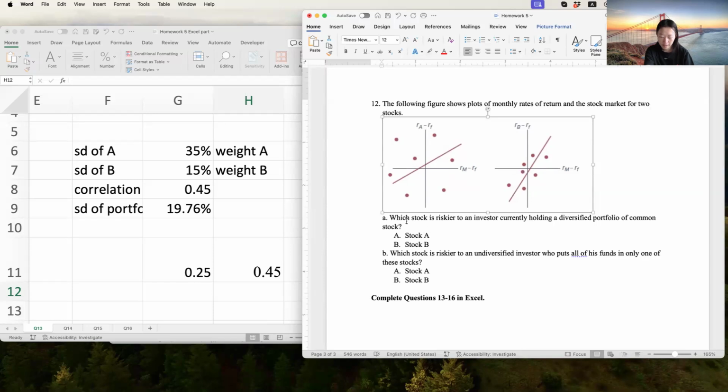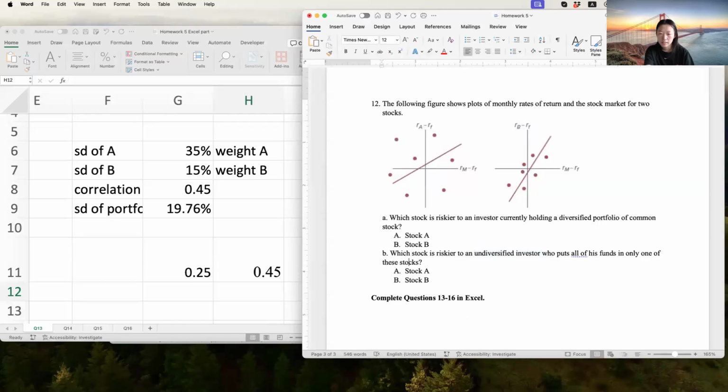Let's see what is asked in the question. Which stock is riskier to an investor currently holding a diversified portfolio of common stocks? And which stock is riskier to an undiversified investor who puts all of his funds in only one of these stocks?